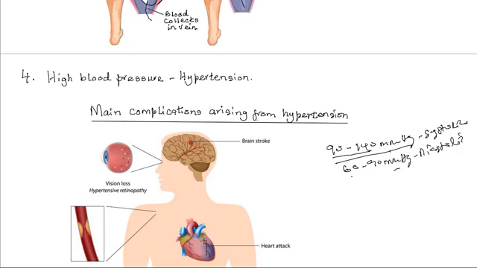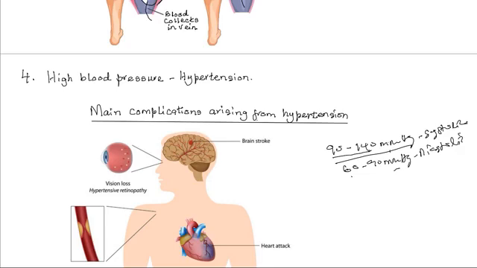Now, high blood pressure is a disorder that is associated with a number of factors, mainly lifestyle factors such as heavy drinking, smoking, taking of large quantities of salt in the food, and general body stress.